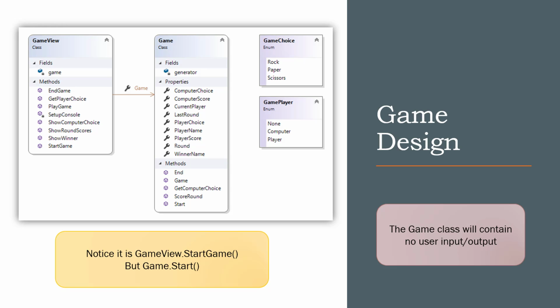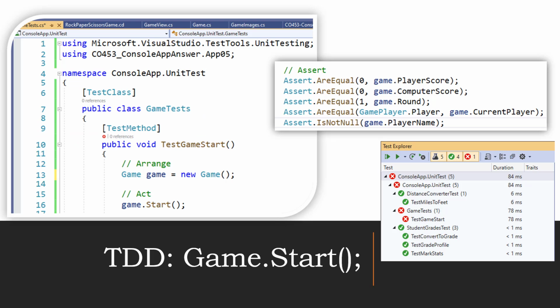It will use the game class again, but it'll have a different view. It'll have a graphics user interface view. And if you've programmed it correctly, you won't need to alter the game class at all. We can use it directly and replace the game view with a game graphics user interface instead.